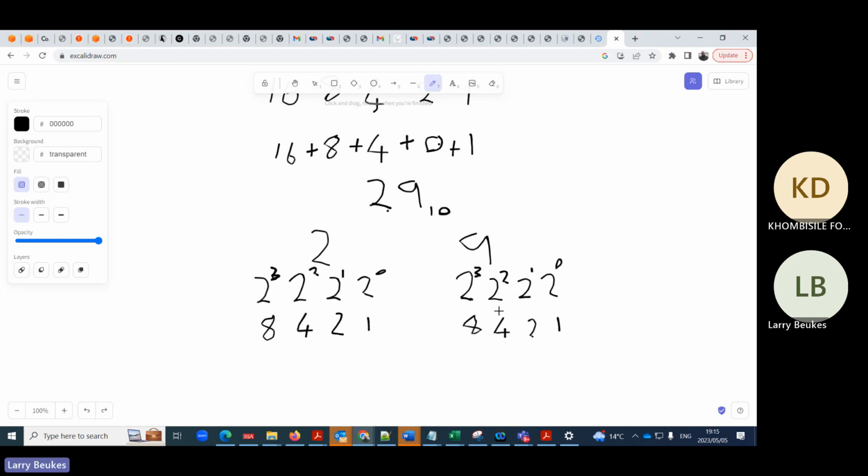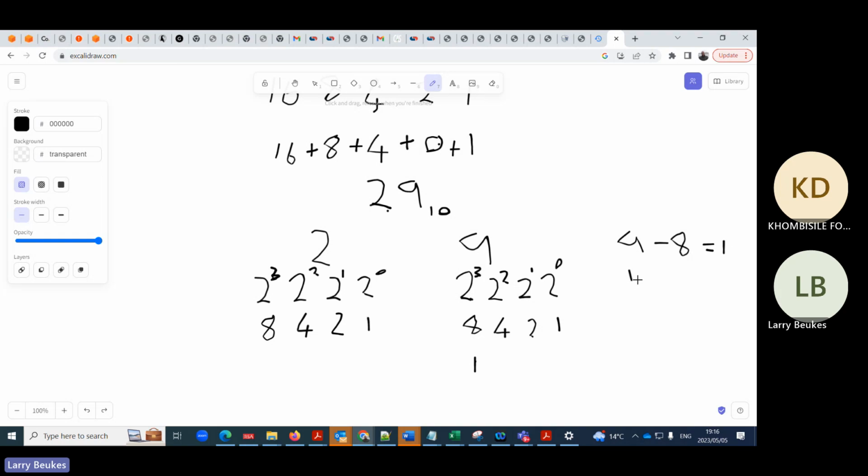Let's start with this one since we're always starting on this side. So now we know 9 minus 8 is 1, right? So it means we need this bit. We need an 8, so we set this bit to 1. So now we already have 1.